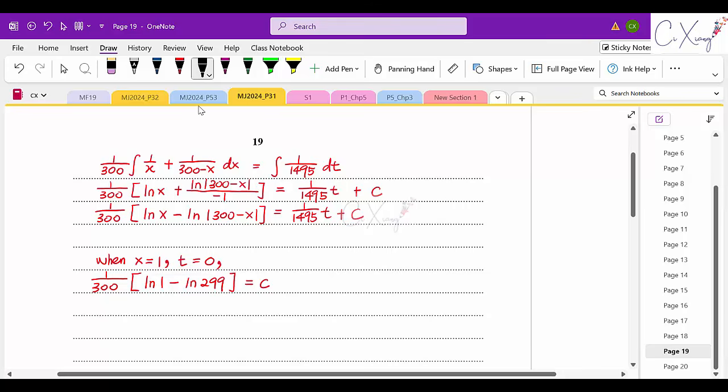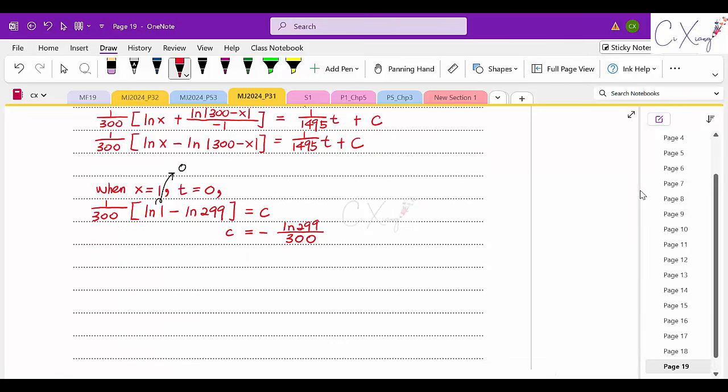Then we simplify it further. ln 1 is 0. So your value of c should be negative ln 299 over 300. Now substitute your c back into the equation here.